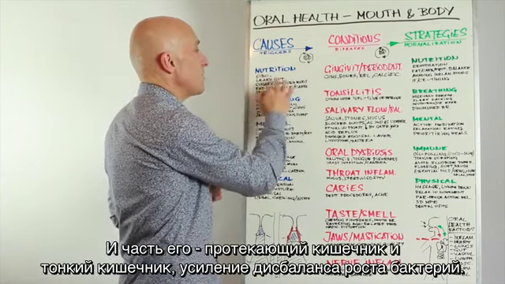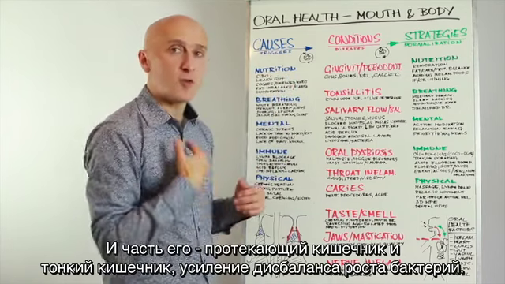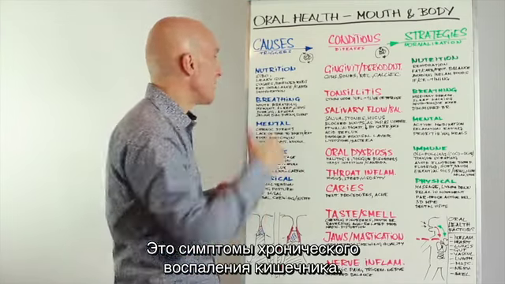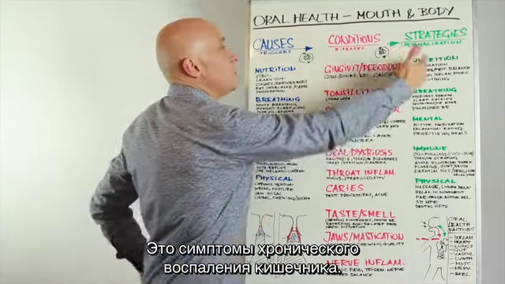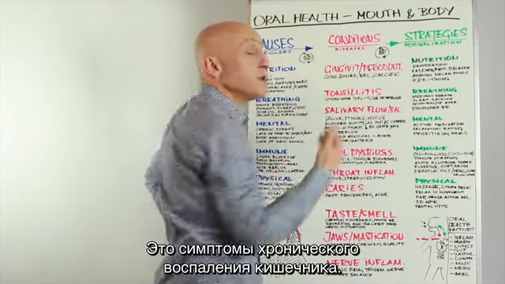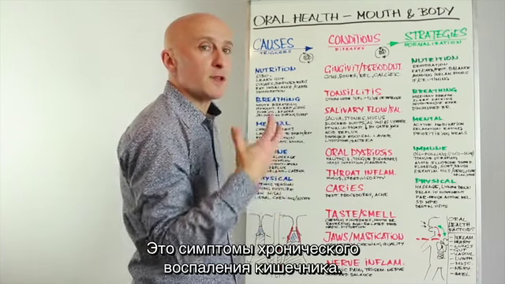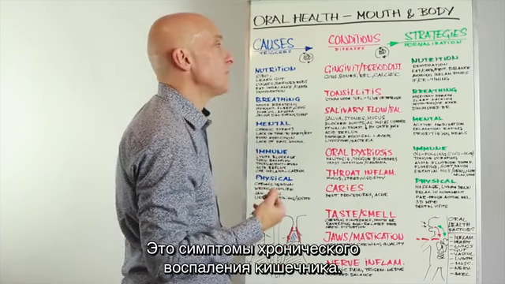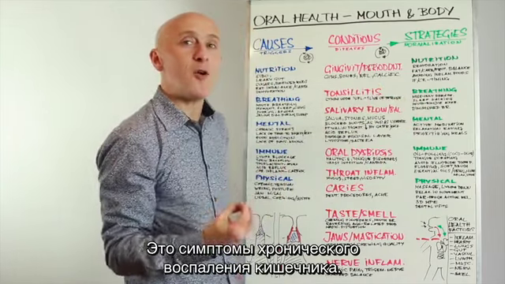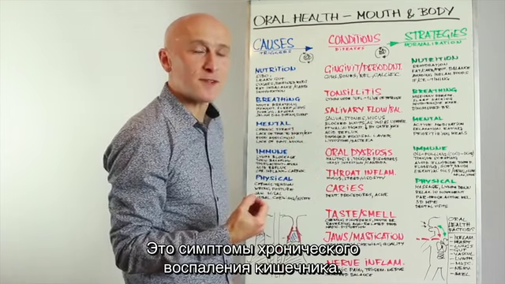Part of it is leaky gut and small intestine bacterial overgrowth. Those are the symptoms of chronic inflammation in the gut. And what we are doing nutritionally, we're rehydrating the body by drinking small amounts of water during the day, connecting it with nose-only breathing. That's how we don't remove water from our system.